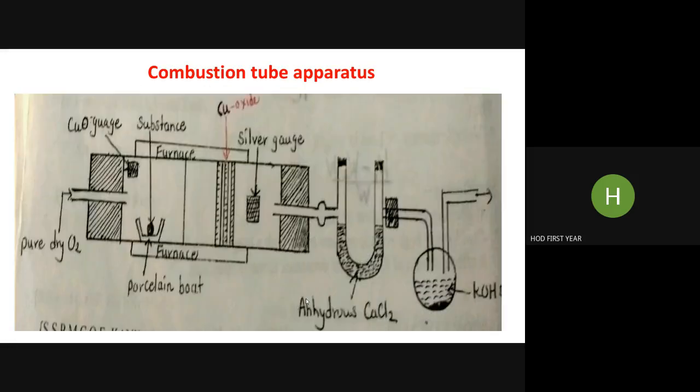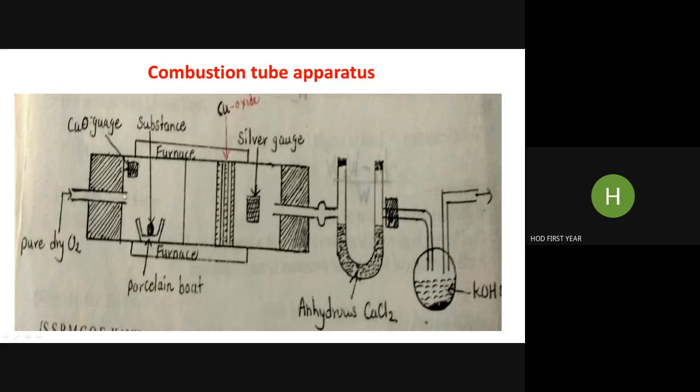So this is the combustion tube apparatus. If you look at this apparatus, you can see a long silica combustion tube. It is provided with an inlet for pure and dry oxygen, free from CO2.